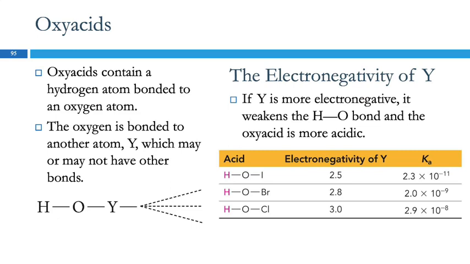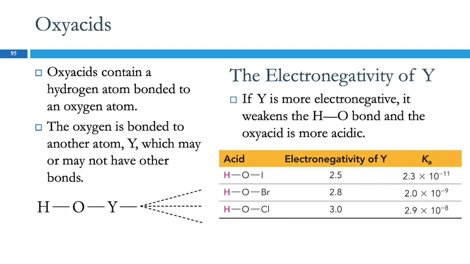What about the oxyacids? So in the oxyacids, we have some element in the middle. It could be chlorine, bromine, carbon, sulfur, phosphorus, any of those guys. And there's an oxygen bonded to that element and a hydrogen bonded to the oxygen.